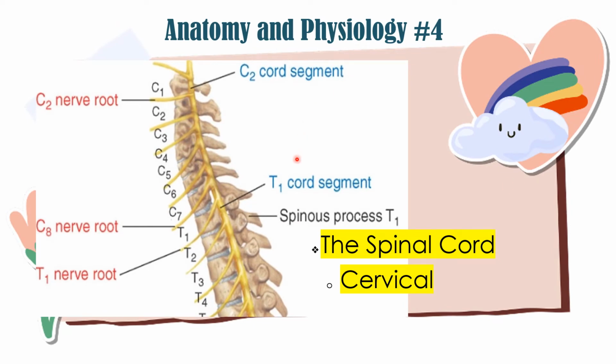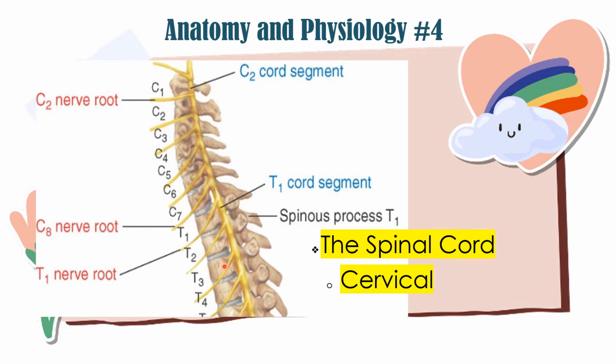Now let's look at the spinal cord, particularly the cervical. Below the medulla, the central nervous system extends itself as an elongated spinal cord encased within the bony vertebral column and terminating at the first or second lumbar vertebrae.